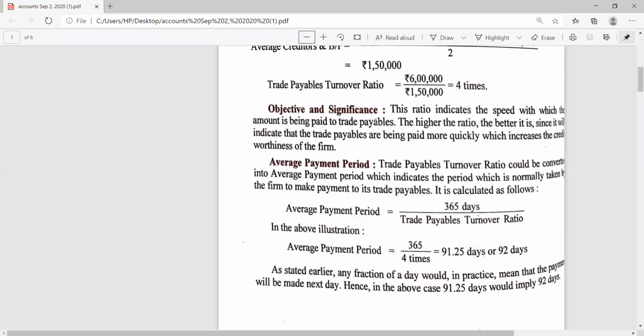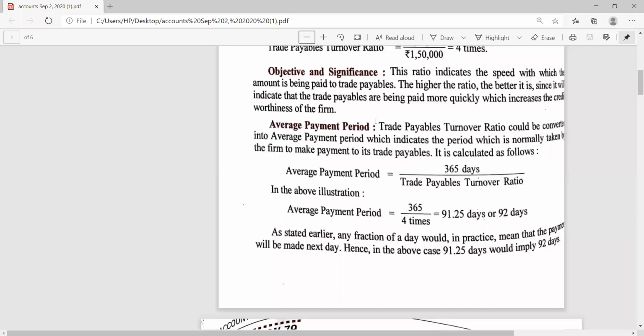Number of days are 365, trade payable ratio is 4. So 91.25, it will be 92 days, our average payment period. As I explained yesterday as well, we consider that the payment is to be made the next day. That's why we consider it to the next day, that will be 92 days.